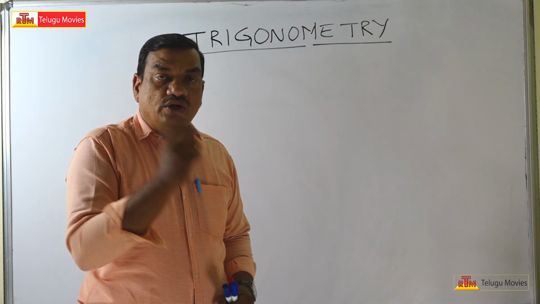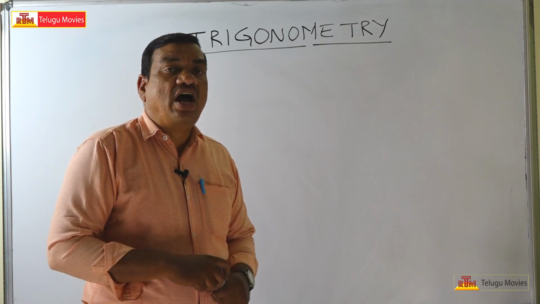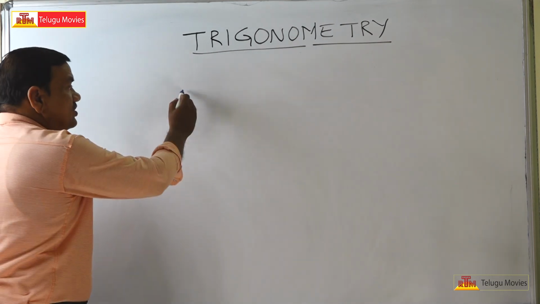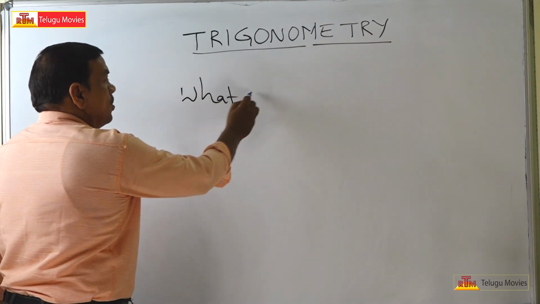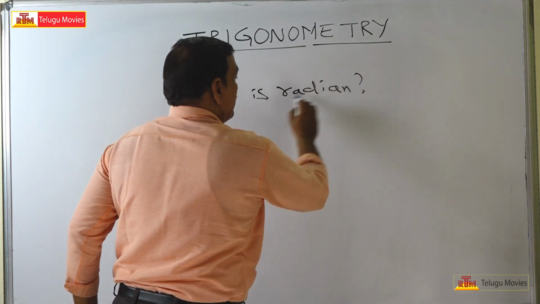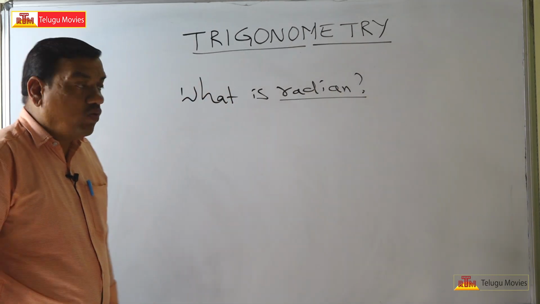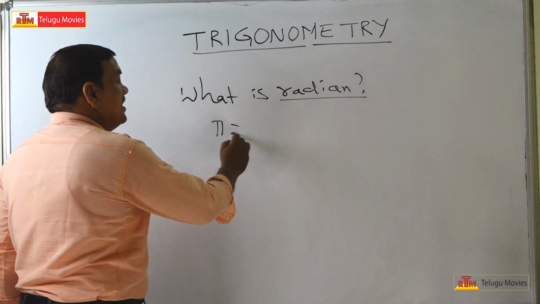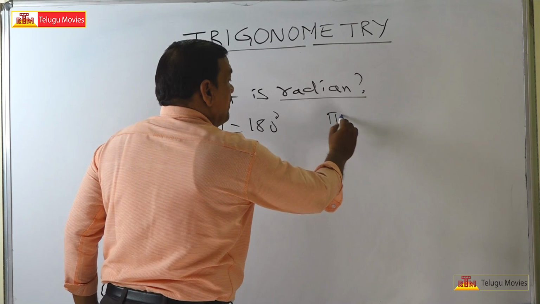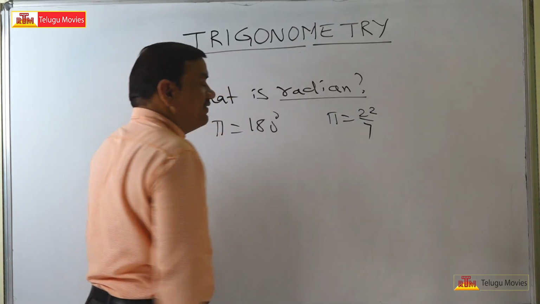Okay now. In this trigonometry, first I am going to explain what is radian. Why do you have to take pi is equal to 180 degrees? Sometimes we will take pi is equal to 22/7.